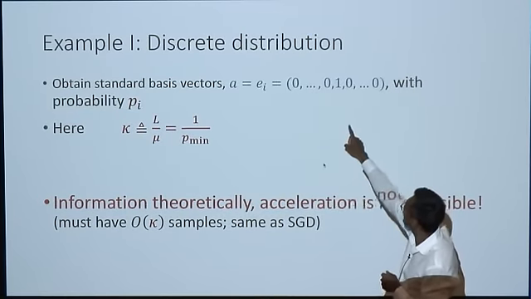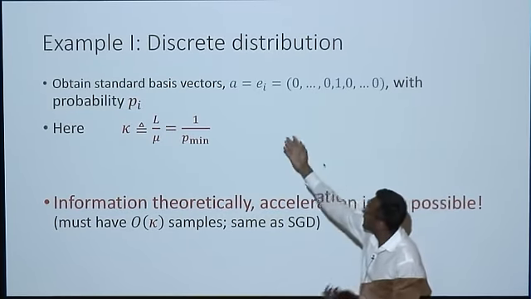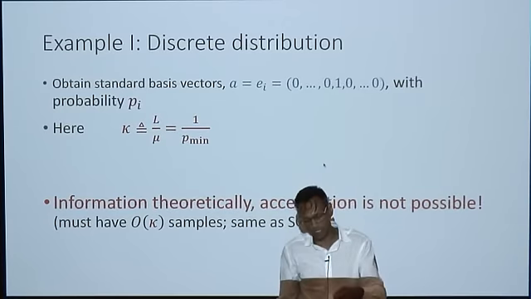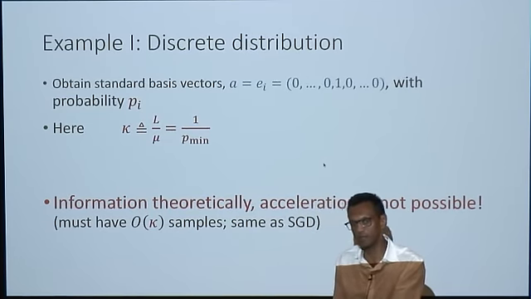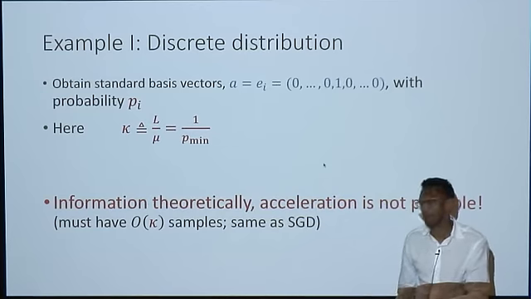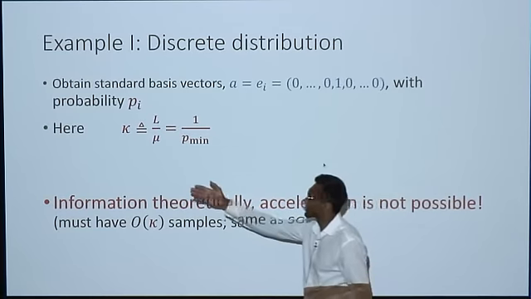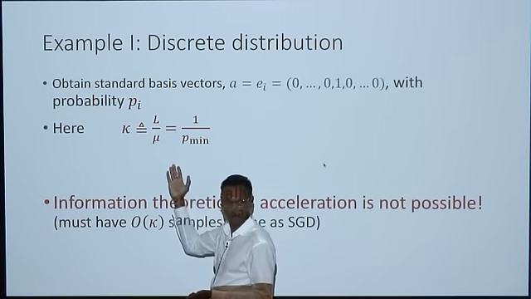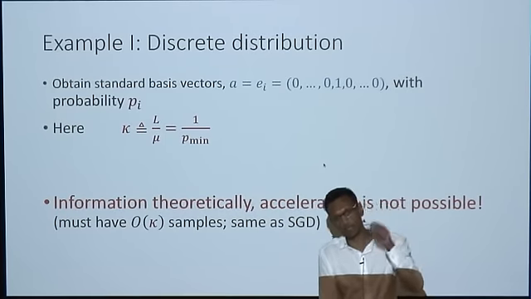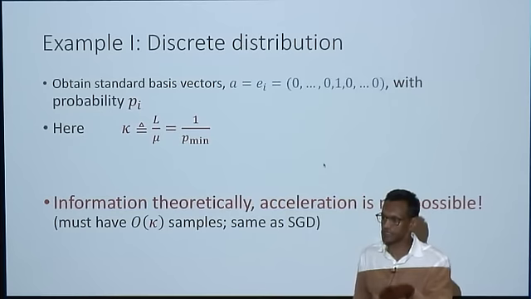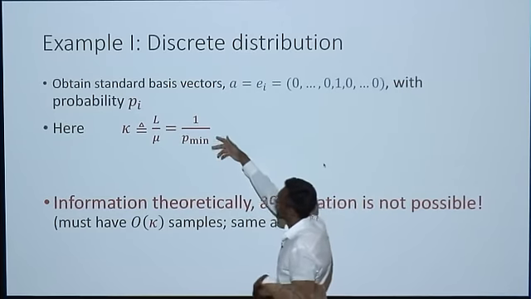So there's a 1 in the ith coordinate. And the distribution is such that you see the ith standard basis vector with probability p_i. Okay, so it's not too hard to convince yourself that the condition number of this problem is 1 over p_min, because that AA transpose matrix is diagonal, and the diagonals are the probabilities, and that condition number is 1 over p_min.